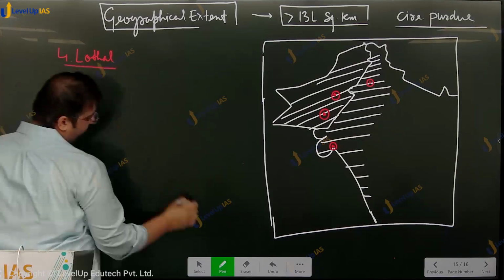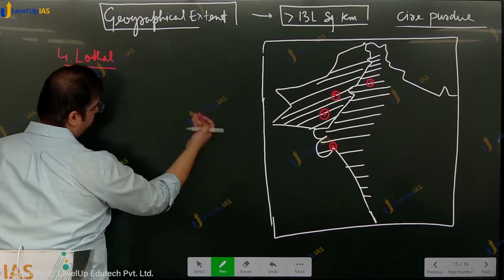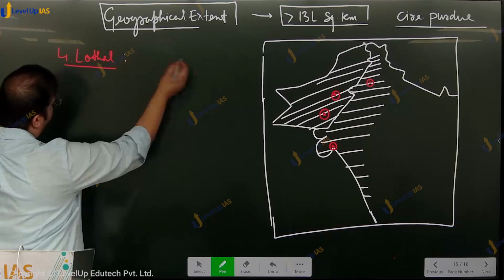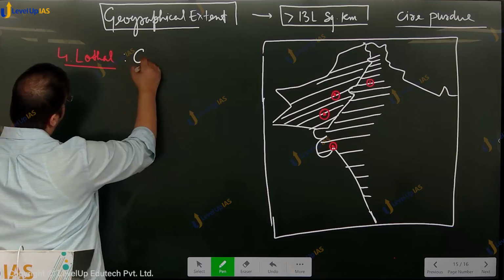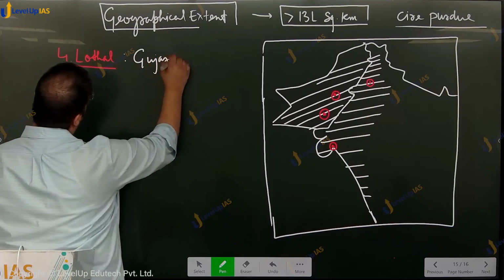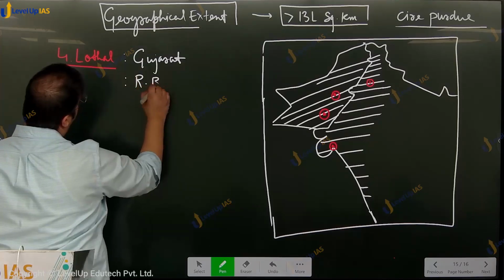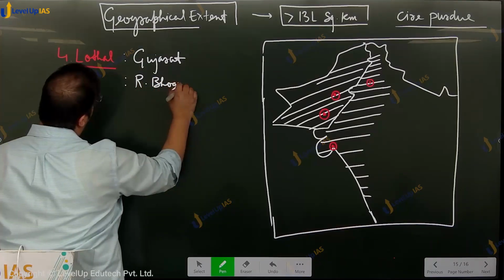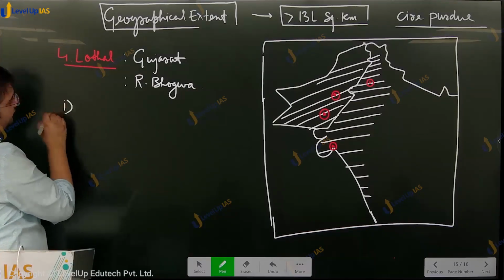Lothal. Located on the Gujarat coast on the Gulf of Kutch. On the banks of the river Bhogwa. What are the important discoveries from Lothal?